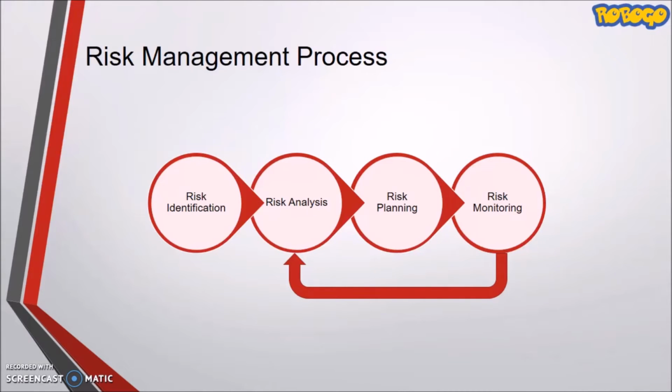So when the risk has become available, the team will have to reanalyze, readjust the priority, and apply strategy to reduce, avoid, or come up with a contingency plan. From the slide, you can see there are 4 stages in the risk management process: identification, analysis, planning, and monitoring.